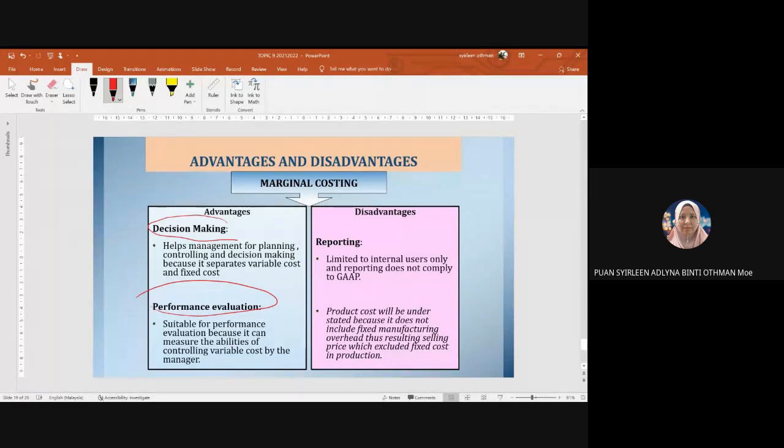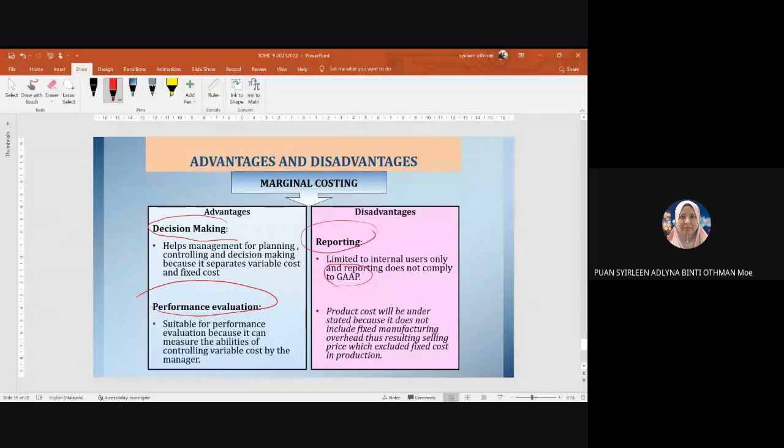Tapi for reporting purpose, dia tak sesuai sebab apa yang you buat di company you tak akan sama dengan apa yang dibuat di company orang lain sebab dia punya reporting tu tak comply dengan GAAP. So bila dia tak comply, that means ada beberapa item yang mungkin dalam statement tu tidak akan sama dengan company lain.